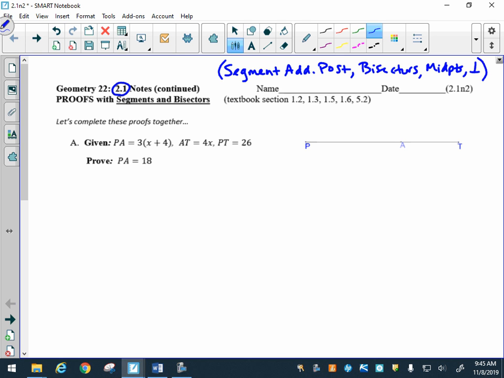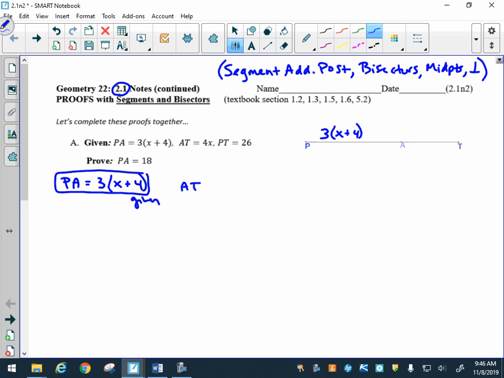Okay, so this first one, in every case what we want to do is first mark our diagram, label the diagram with given information, and then proceed with our proof. So if we take this given information and mark our diagram, PA is 3 times x plus 4.